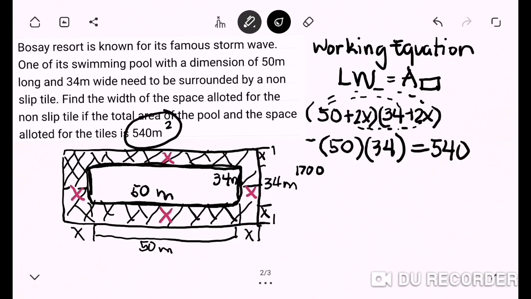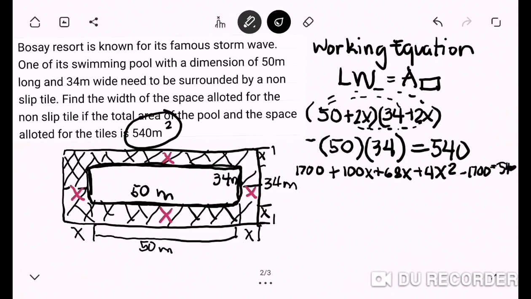So, that is when we multiply 50 by 34, plus, when we multiply 50 by 2x, 100x, then 2x times 34 will give us 68x, and 2x times 2x will give us 4x squared. Okay, so minus 50 times 34 is 1,700, equals tayo sa 540.